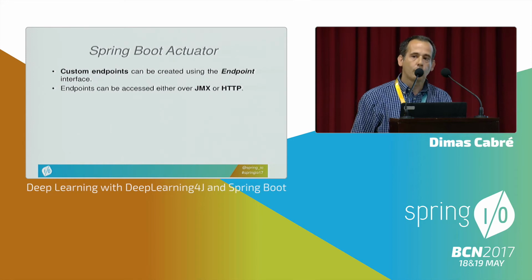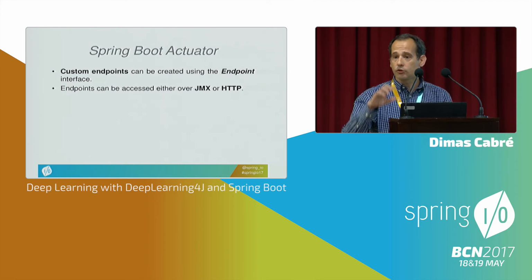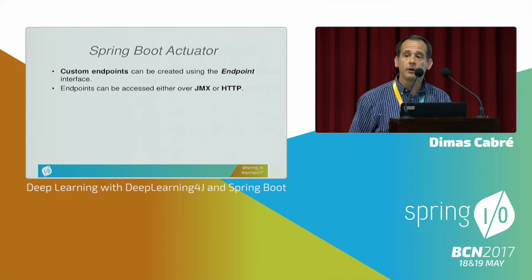Fortunately, if you work with Spring, we have a feature called Spring Boot Actuator. Spring Boot Actuator is a feature through which you can collect lots of information about the behavior of your application, and then you can visualize it, or you can publish this information in a standard manner, okay?